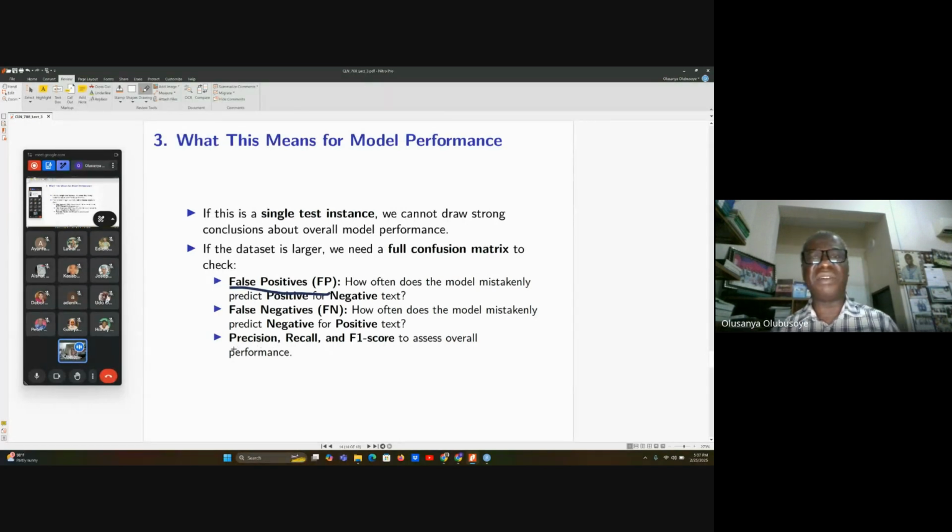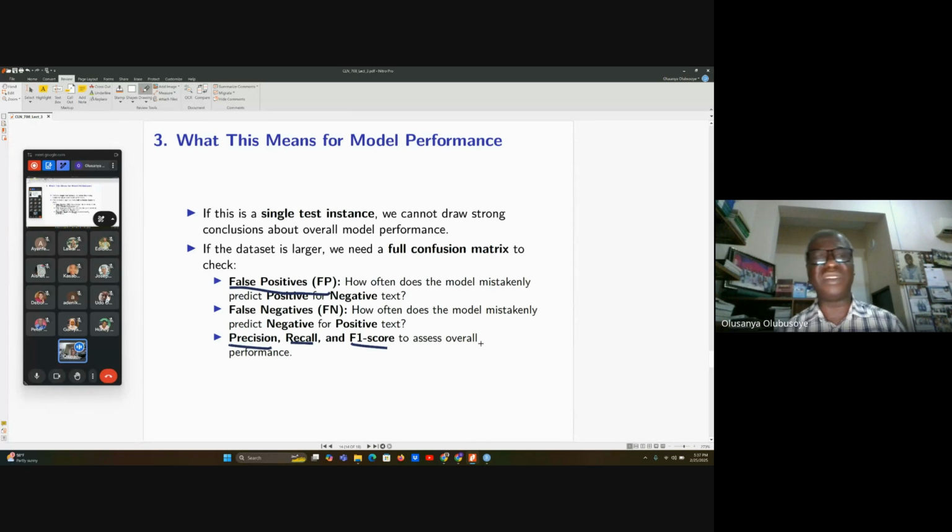So we can talk about precision. These are 3 measures which we'll talk about now: precision, recall, and F1 score, used to assess the overall performance of the classification model.